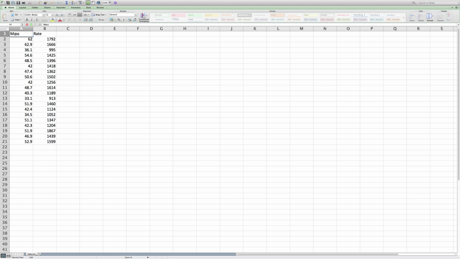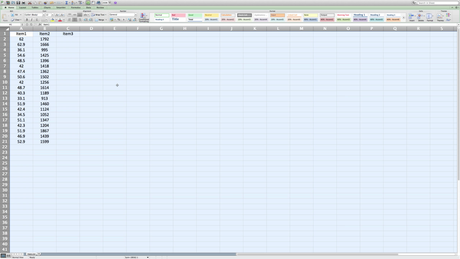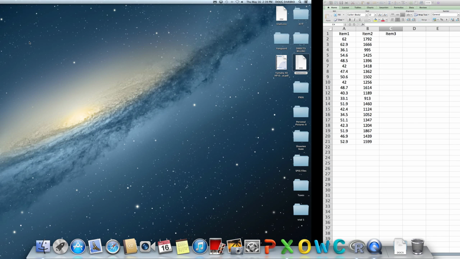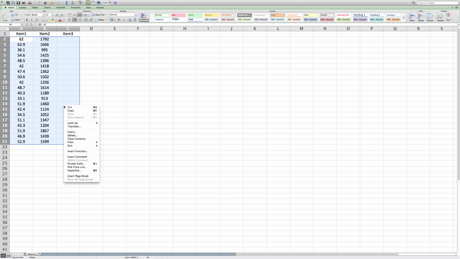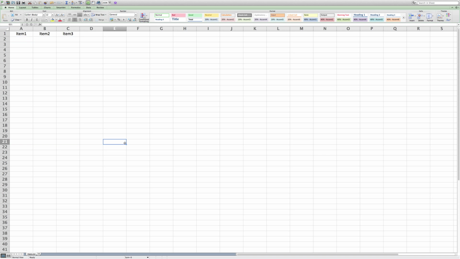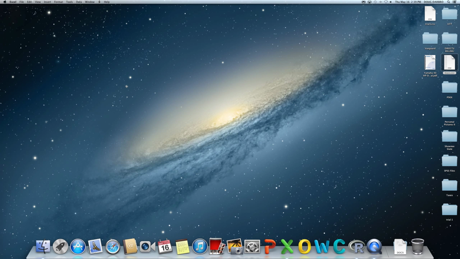I want to modify this, so let's call this item 1, item 2, and item 3. That stuff drives me crazy if it's not right. Let's delete these entries. Okay, now let's enter our data.